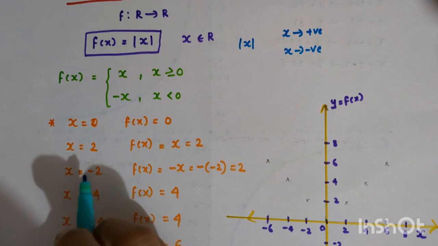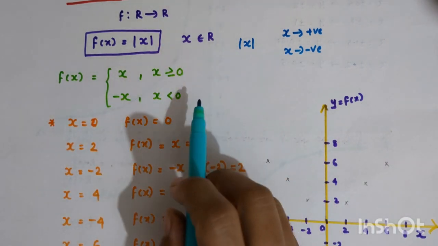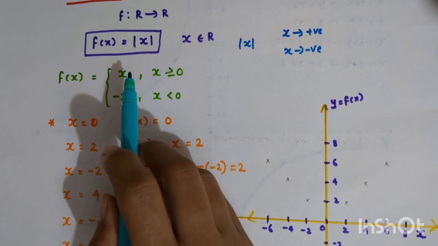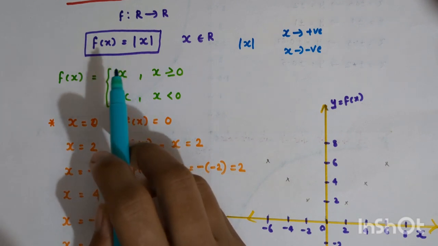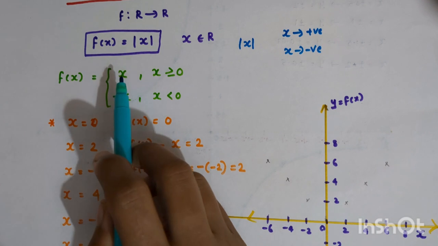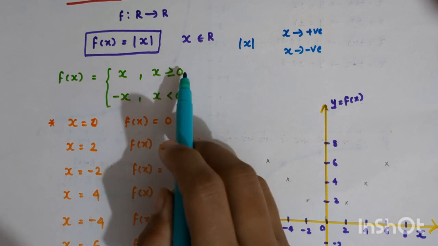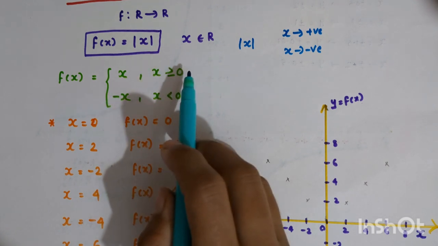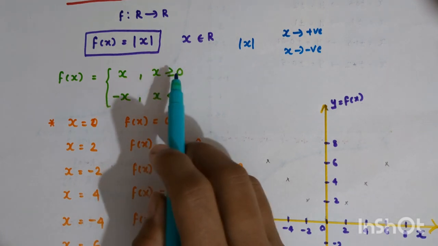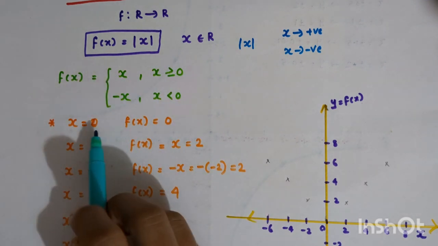For each non-negative value of x, f of x is equal to x. Non-negative values means all positive values of x, and zero: f of x is equal to x when x is greater than or equal to 0. When x is greater than or equal to 0, x will have only non-negative values, so at that time f of x will be equal to x.